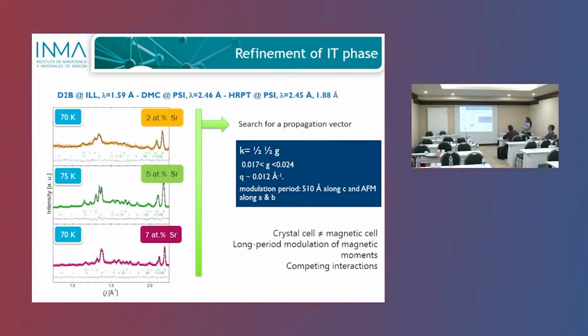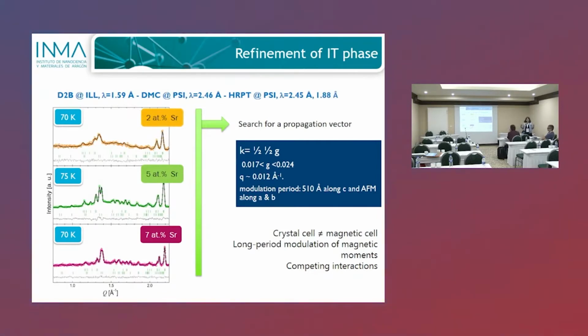And in this case, we found an incommensurate phase, which means that you have a modulation with a very long modulation period. This is 510 angstroms along the z-axis, and antiferromagnetic along A and B. This is the propagation vector that we find, and we could fit the 3 samples data with this model.